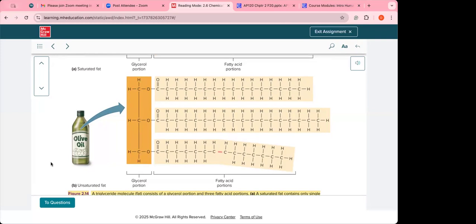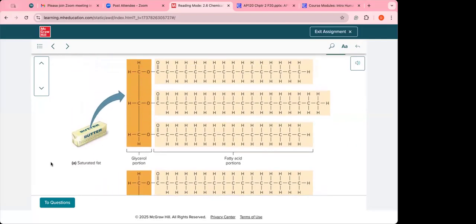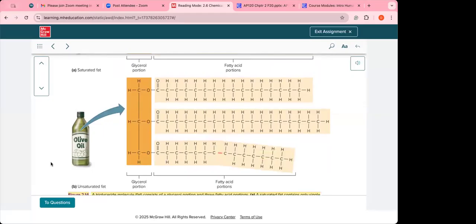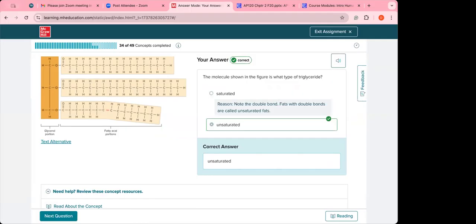So when it's broken like this, it's unsaturated. If you scroll up, you see how this one's not broken? This one has all the fatty acid portions. That's a saturated fat. So the one you have on your quiz is the olive oil, which is the unsaturated, because it's broken here. Unsaturated. Okay.